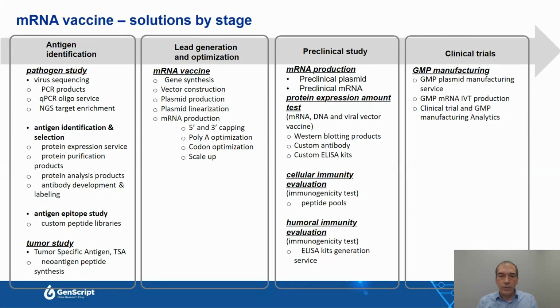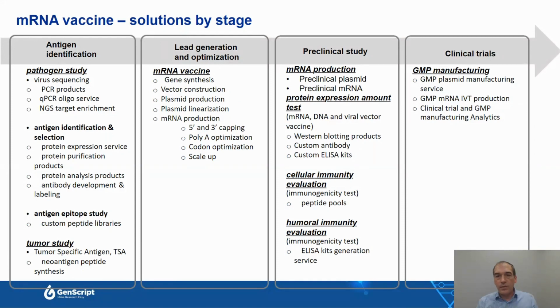We can support your pathogen studies with sequencing products, enrichment for sequencing, PCR products and services, antigen identification and determination, basically looking at protein expression, immunoassays, Western blotting, ELISA kits, antigen epitope studies with custom peptide libraries. We can also support you for tumor-specific antigens with our neoantigen peptide synthesis service.